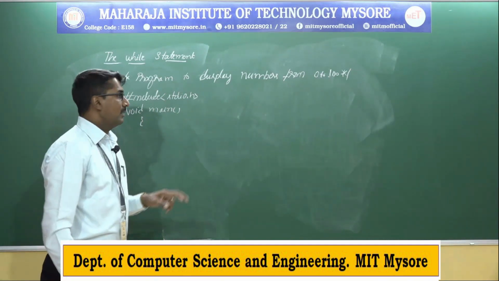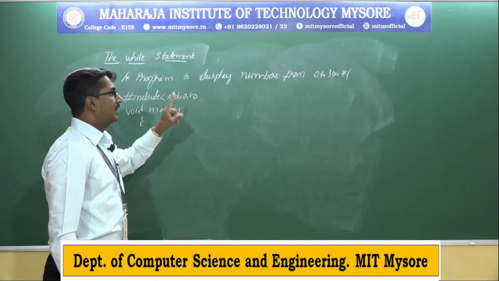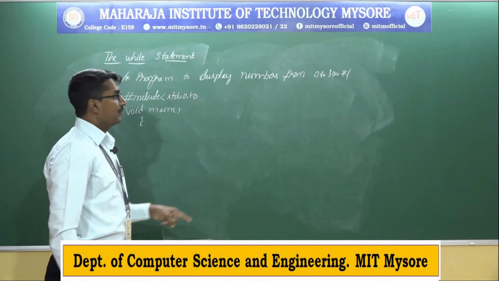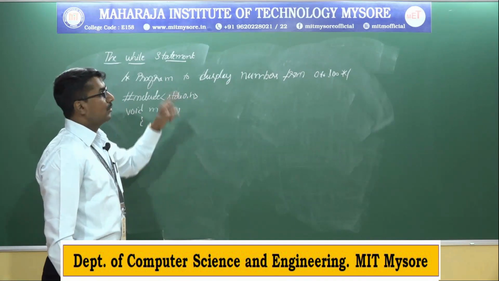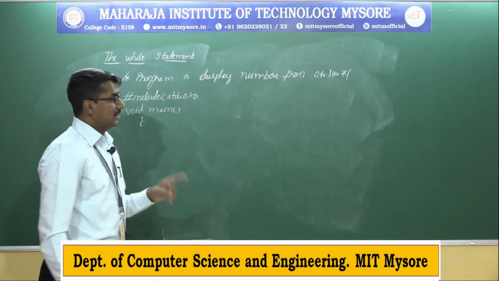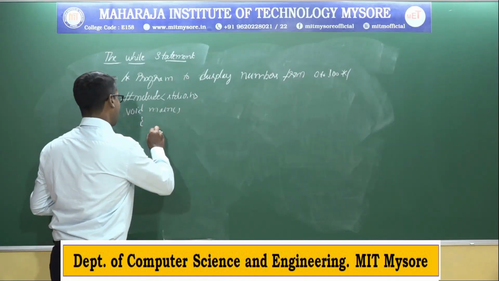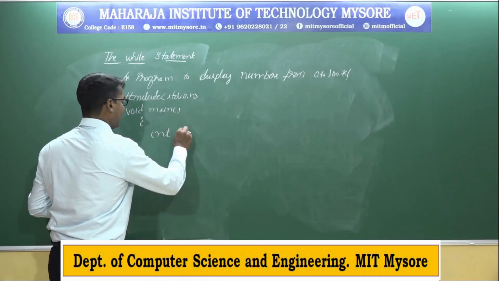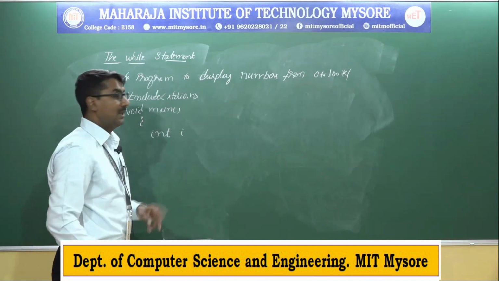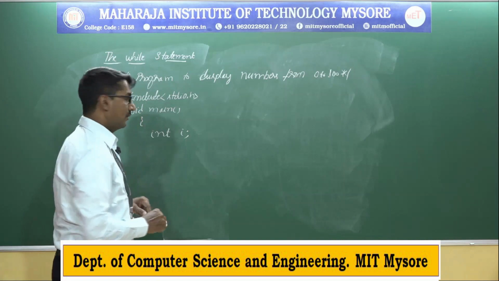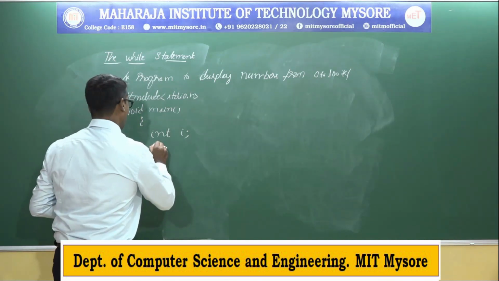Then here I need to print the numbers from 0 to 100. My initial value is 0 and the last value is 100. So I'll use one variable called i. I'll set i is equal to 0 because I need to start from 0.